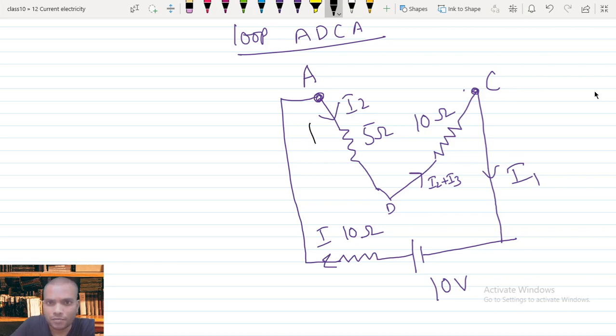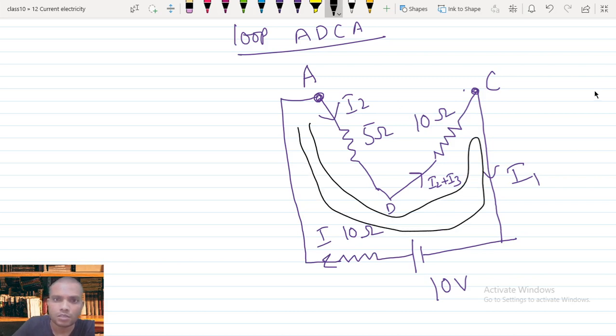Suppose in this branch I am walking across the loop in this direction. So this is the direction of traveling. So it is clockwise direction. Now my direction and current direction across 5 ohm resistance, they both are same. So if both are same, I take as negative.